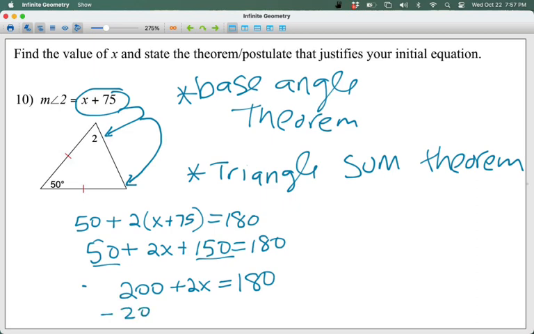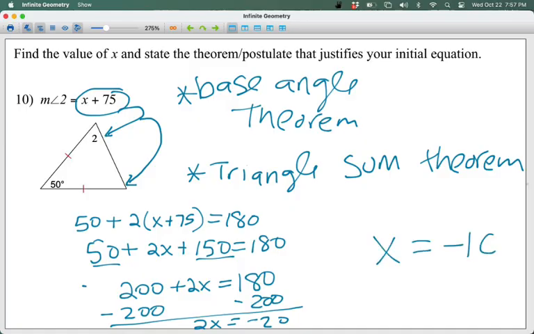I'm going to subtract 200. I'm going to have 2x equals negative 20. And that will make x equal negative 10. And that's an okay number. We're allowed to have negatives when we're talking about x. Not necessarily sides of triangles, but we're doing fine.